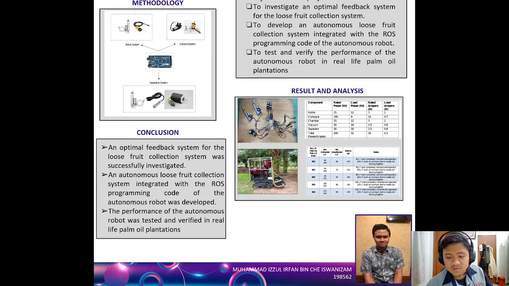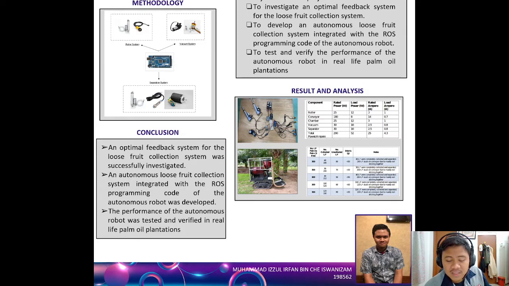And between these two trees, the number of loose fruits is set to a constant of 300 loose fruits. And we find that the highest number of collected loose fruits obtained is 220 loose fruits, whereas the number of uncollected loose fruits is 80, and the debris is less than 50.